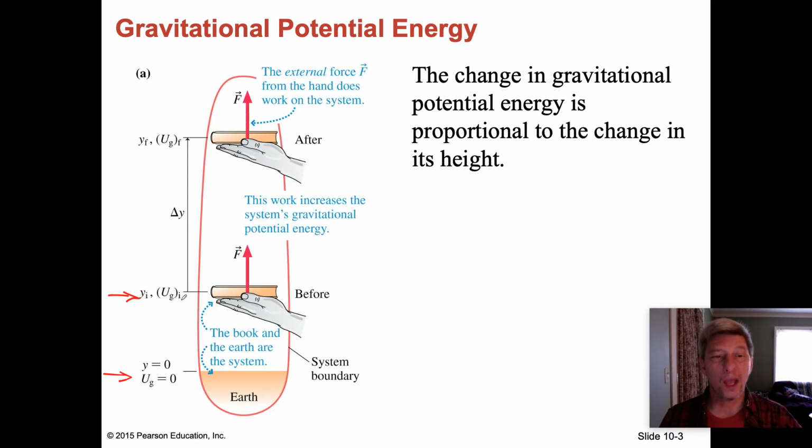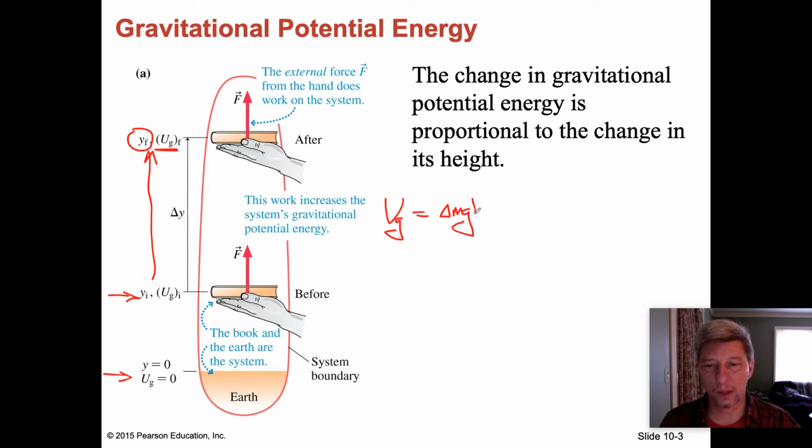If we then increase that height and lift the book to this point, this gives us a final height and therefore a new gravitational potential energy. The difference in potential energy here is going to equal the mass times gravity times the height, or what you could say is m times g times delta y.